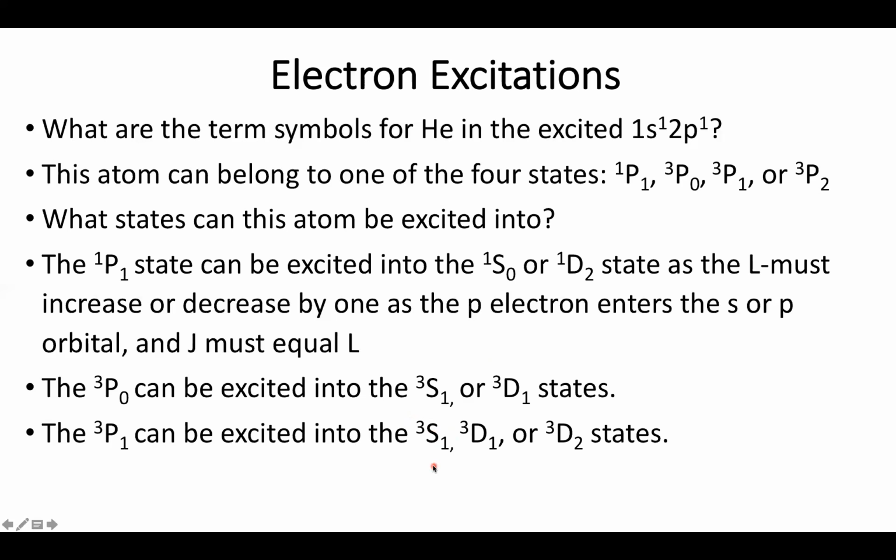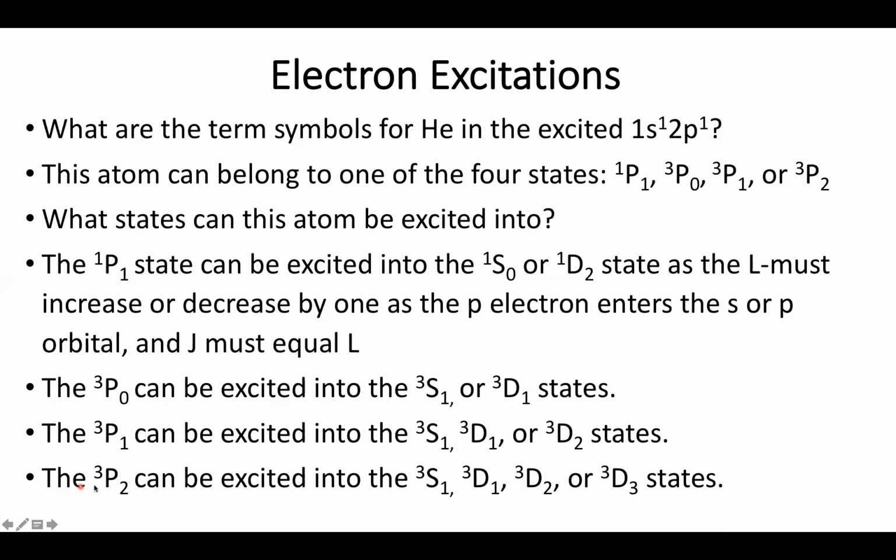There is no such thing as a 3S2 state. But that brings us to the D states, which have no such limitation. So a 3D1 or 3D2 is possible. And we can extend this process to the triplet P with a J of 2, yielding one of 4 possibilities.